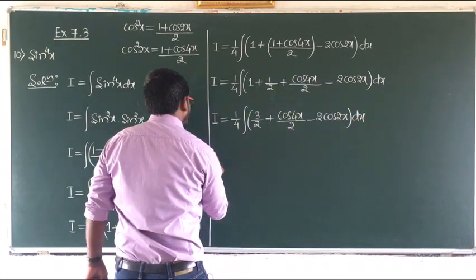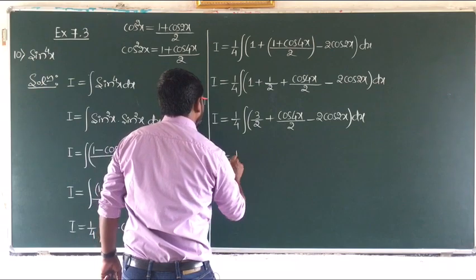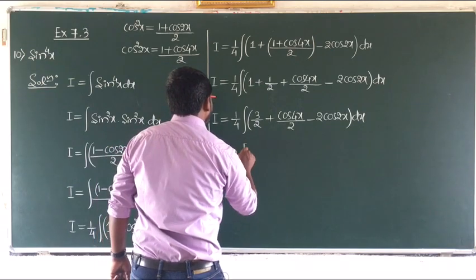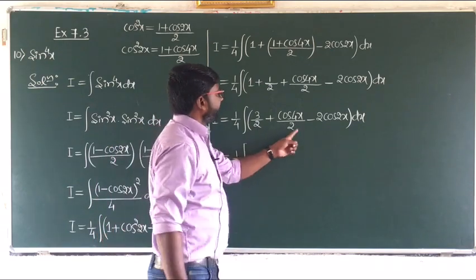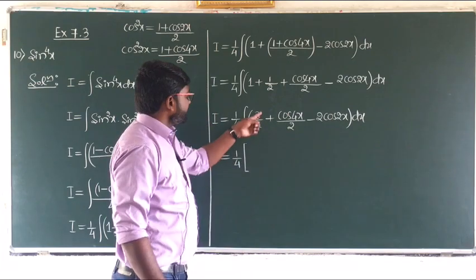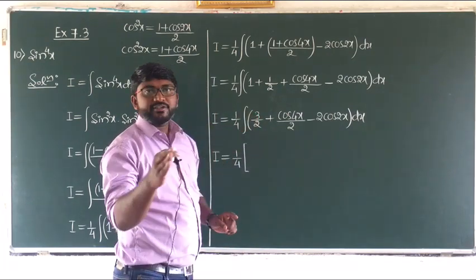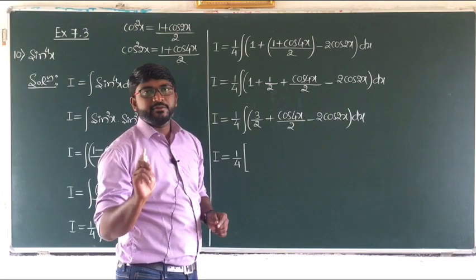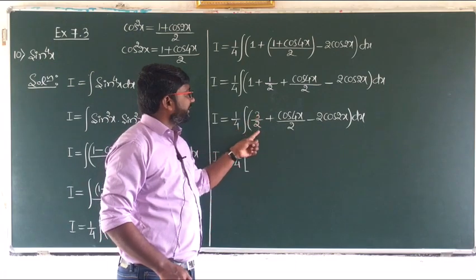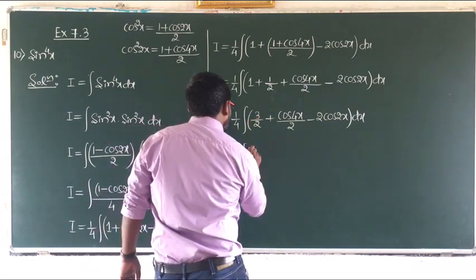So now I is equal to 1 by 4, I am writing it outside, then integrate all the 3 terms separately. So what is the integration of 3 by 2? 3 by 2 is a constant, then the integration of dx will be x. 3 by 2 into x will be 3x by 2.